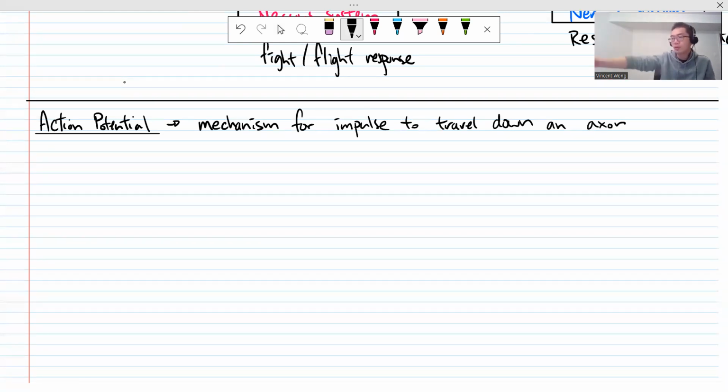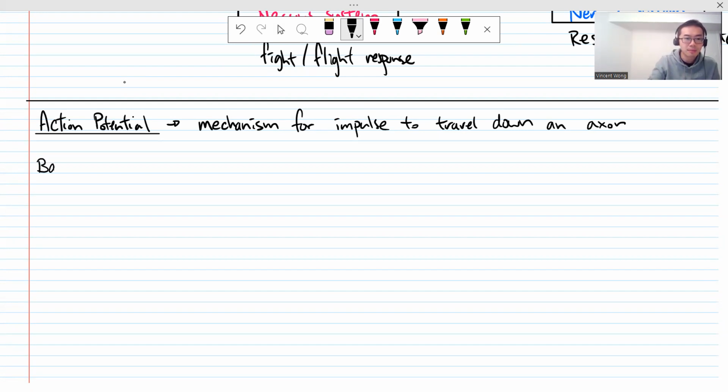Homer Yun was asking, how does the signal jump along the axon? What's triggering it? The thing is called action potential. We're going to learn about that, and it's a really confusing process.